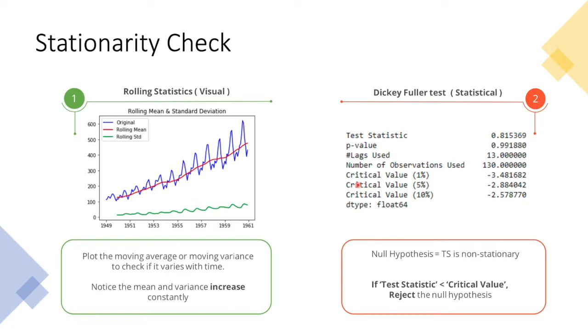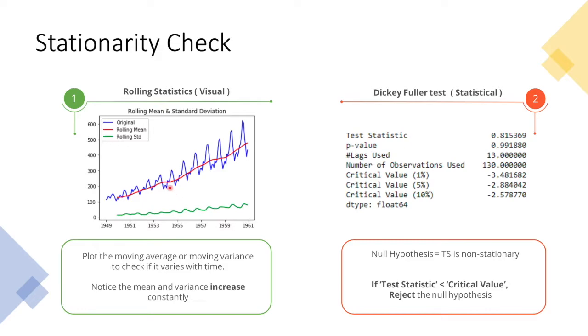Basically, there are two methods we can use to do the stationarity check. The first one is called rolling statistics. From the graph, the blue line is the original time series data. We want to check whether this time series data is stationary or not.